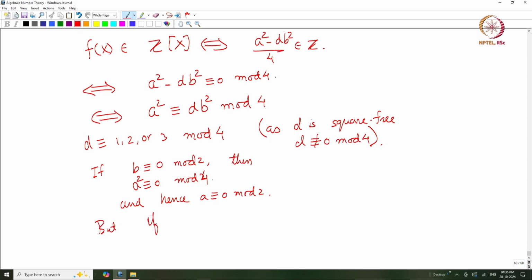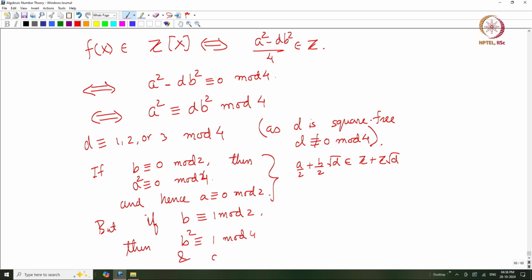If A by 2 plus B by 2 square root of D belongs to Z plus Z square root of D, there is nothing interesting happening here. But if B is congruent to 1 mod 2, so it is odd, then B squared is also congruent to 1 mod 4, and A squared is congruent to D mod 4.